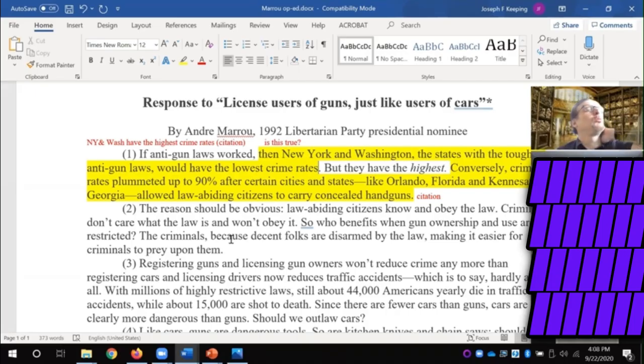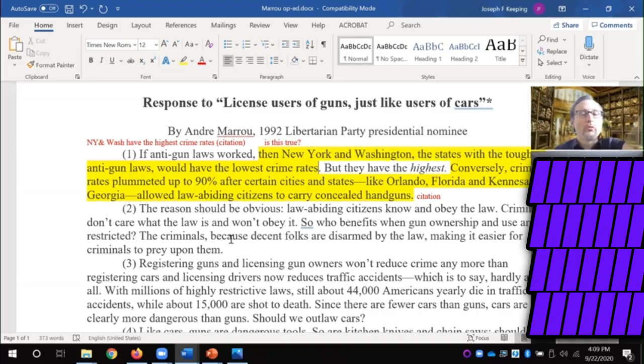Smoking pot is probably still illegal there. Well, forget about pot. Let's say cocaine is illegal, but you don't need a gun to do that. Most things that are illegal have nothing to do with guns. So just saying "have the highest crime rates" is pretty much meaningless. It contains no relevant information at all.